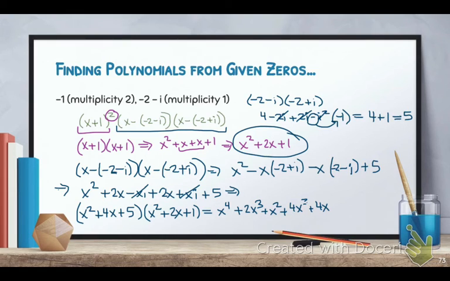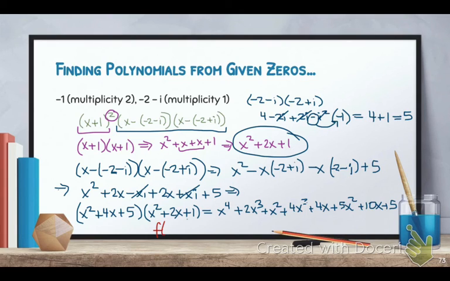And then you have the 5. X squared plus 10x plus 5, right? So now let's see if we have any like terms. So the x to the 4th is by itself, right?